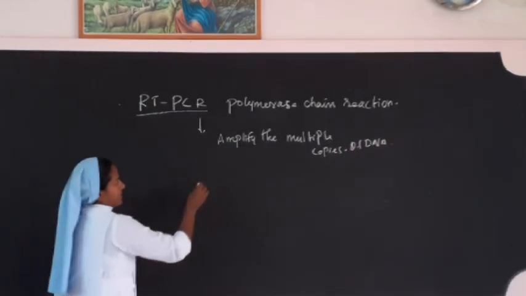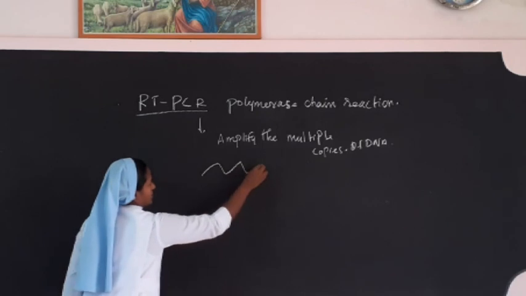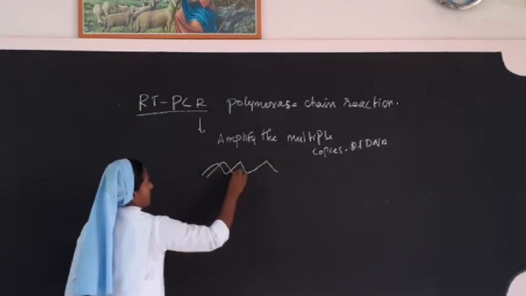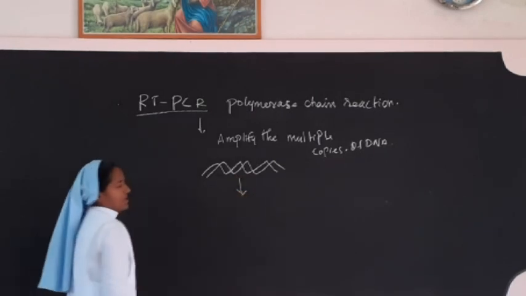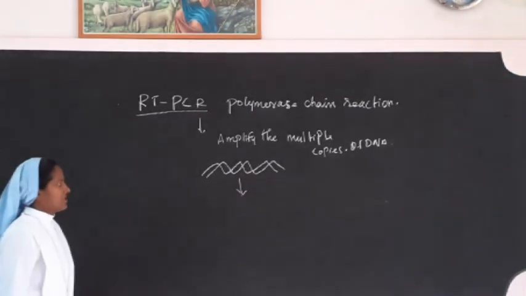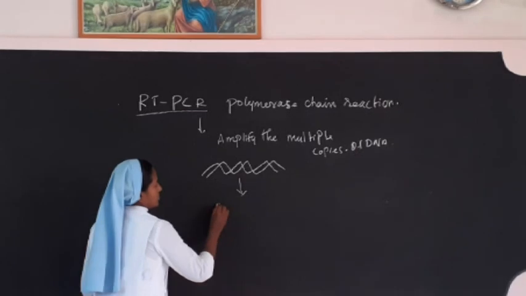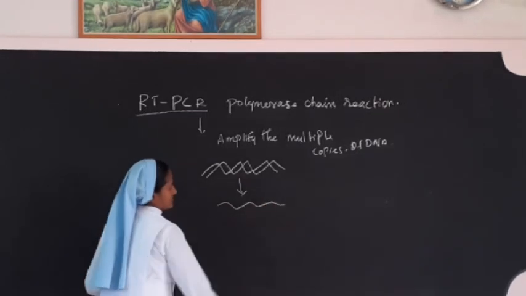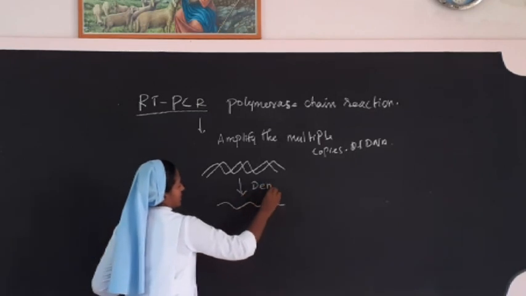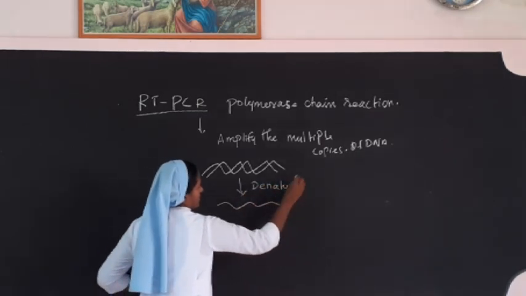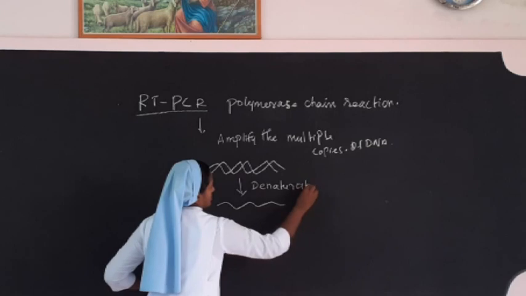So the DNA is double strand DNA, and this DNA is denatured and made into single strand DNA. The process we call denaturation.